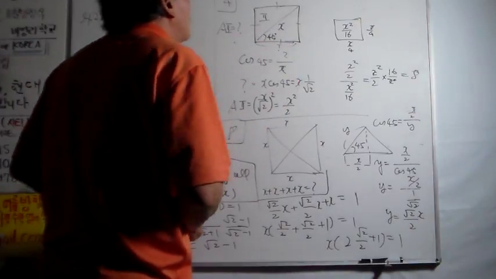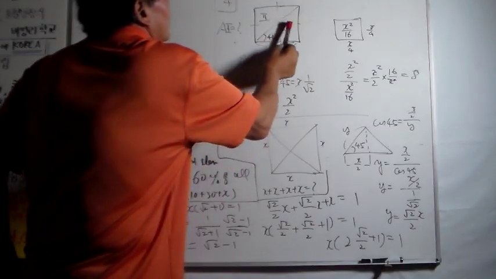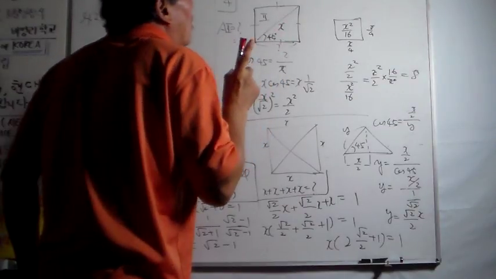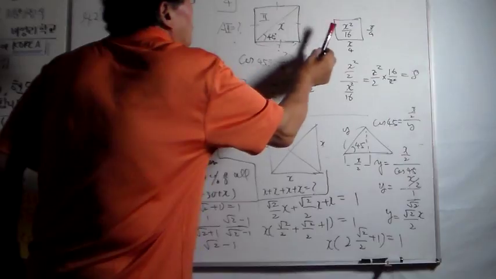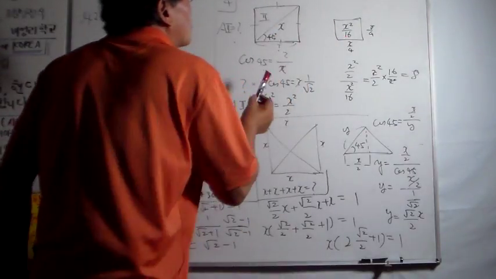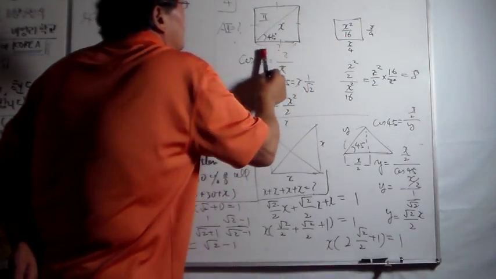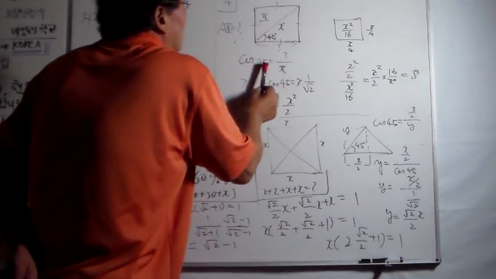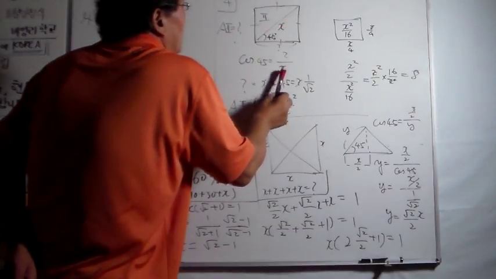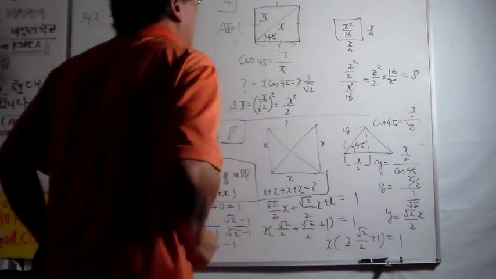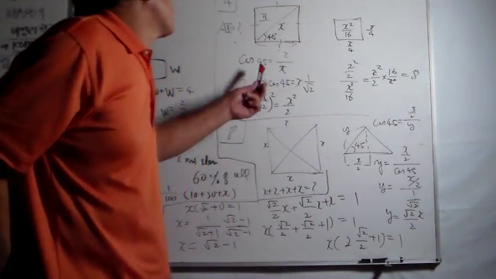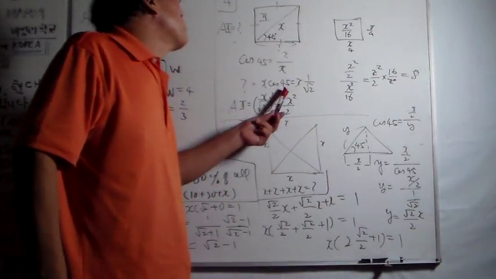We have to use cosine, because we have one unknown number and one piece of information, so we can solve this one. Cosine 45 has the first part downstairs, and the question is upstairs. So the question is x times cosine 45.